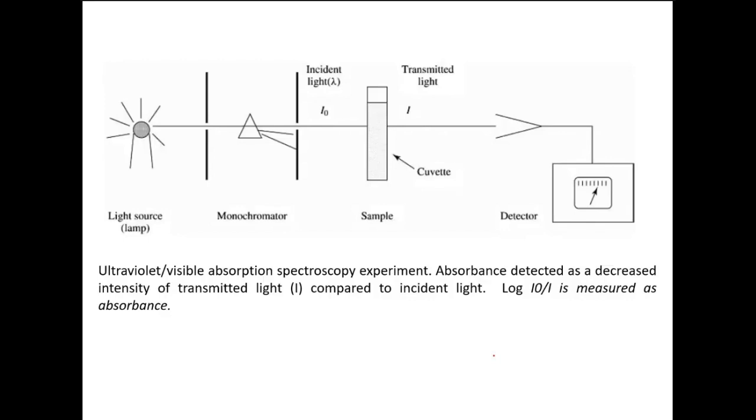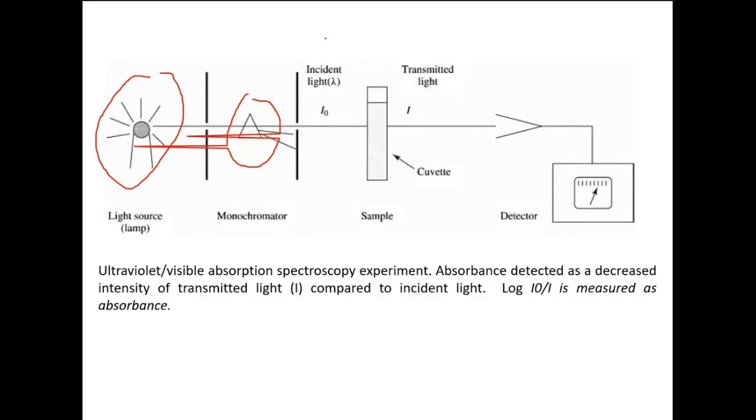This simplified diagram represents the basic hardware components of UV visible absorbance spectroscopy. There will be a light source, followed by a monochromator, which is nothing but a prism. In between you have a pair of slits. The pair of slits helps you select a specific wavelength of light.